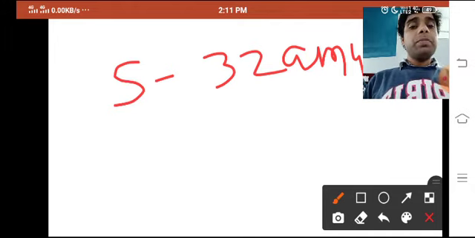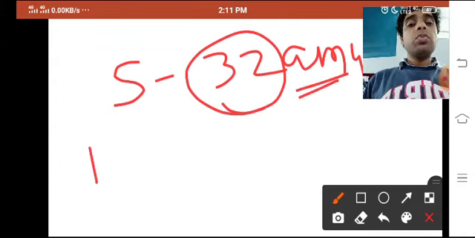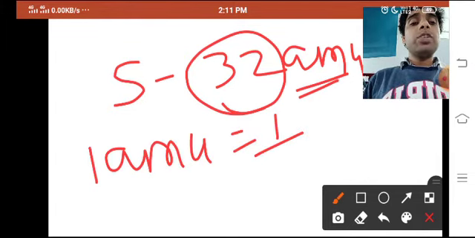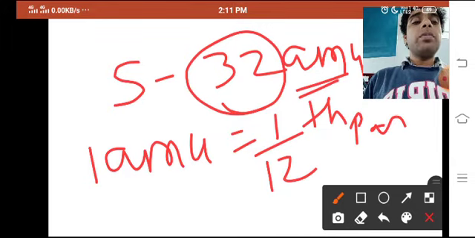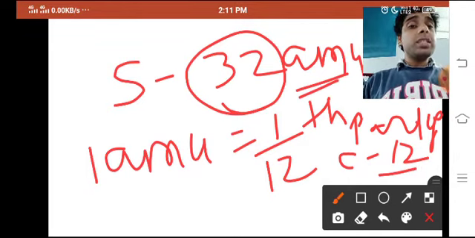If I am talking about the meaning of 32 AMU, as you know, 1 AMU is equal to the same thing, 1/12th part of C12. So 32 AMU, what does it mean?